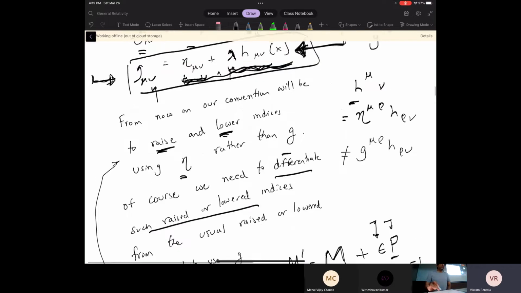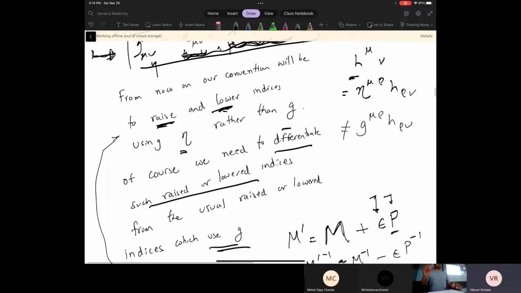So effectively, since we're always raising and lowering indices of things which are already order lambda, it is good enough to raise them with capital eta or lowercase eta. So when we talk about raised or lowered indices, we're raising and lowering with respect to eta.